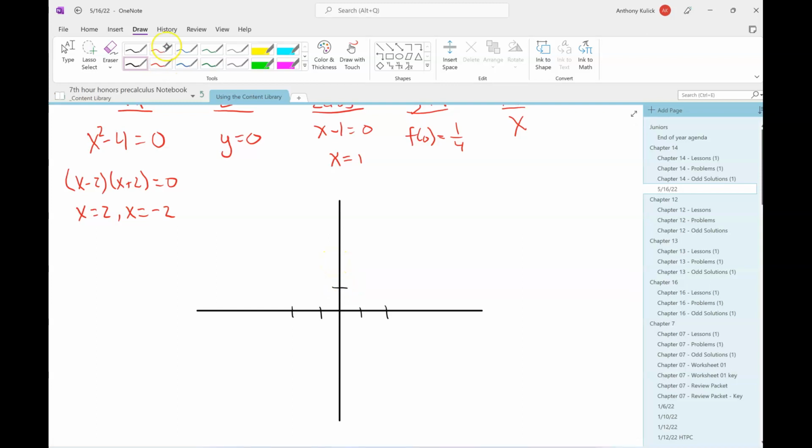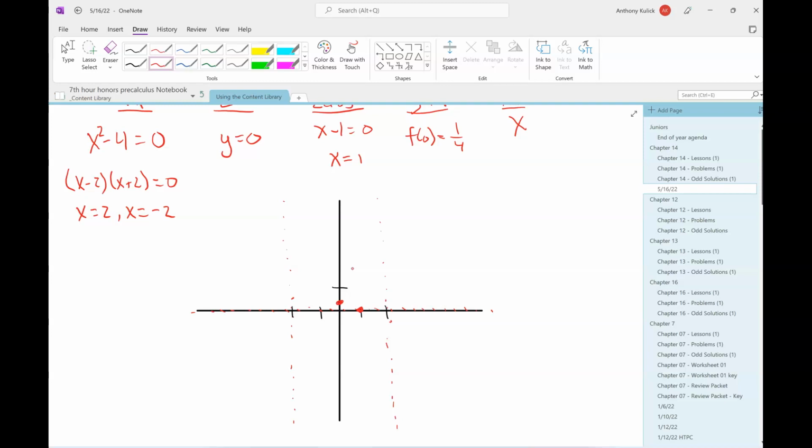All right. So first thing I'm going to do is draw in my key features. Okay, everybody's good with what I've drawn in there. Got my two vertical asymptotes. I got my end behavior.